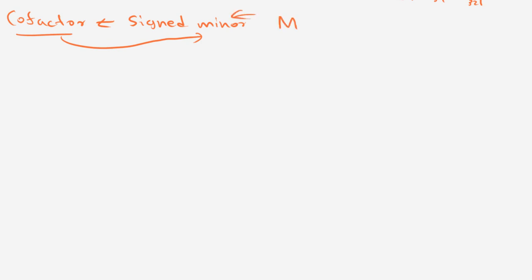A cofactor is basically nothing more than a signed minor. Cofactor means a signed minor. This just determines the sign of the specific minor. We denote a minor by M, and in this case we denote the cofactor by alpha.